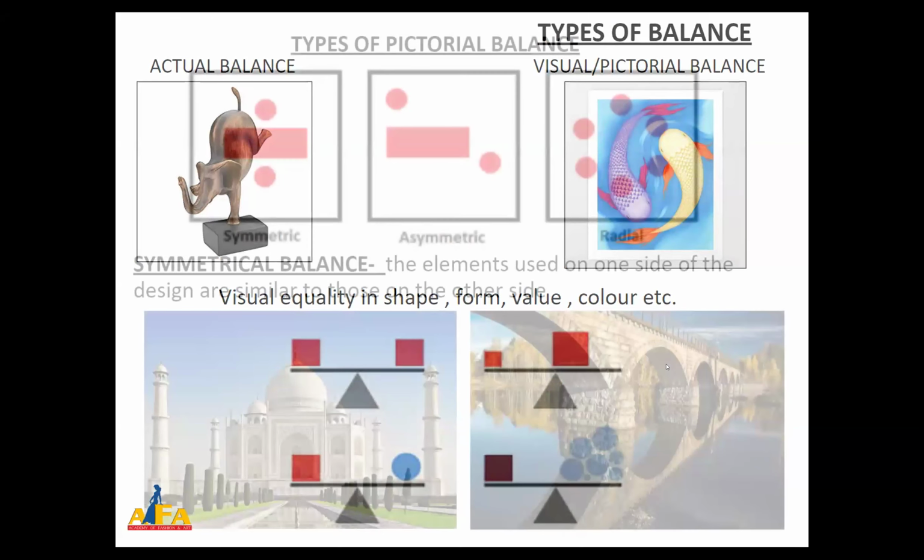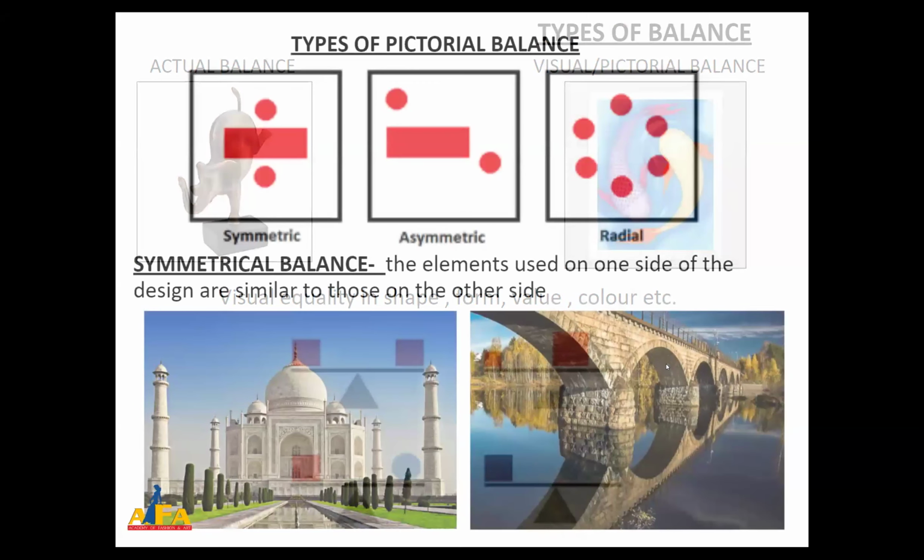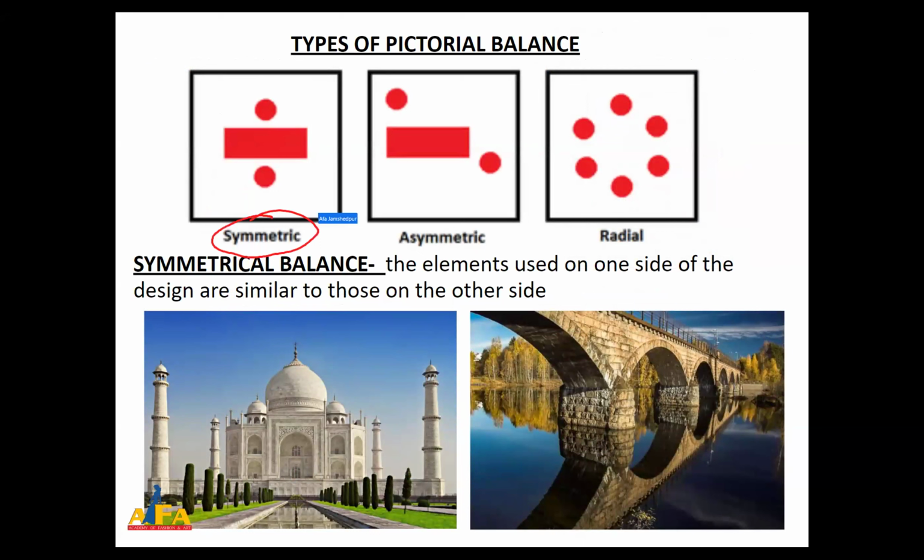Now, these are the types of pictorial balance. Symmetric, asymmetric, radial. Okay? Symmetrical, where you can divert. It is not always supposed to be equal. Where left and right, where you can divert your attention symmetrically from left to right or from top to bottom.